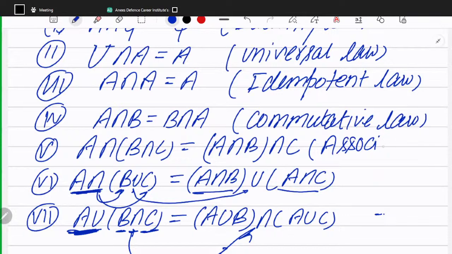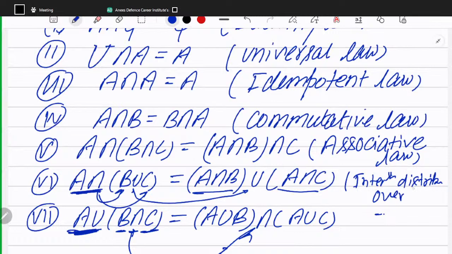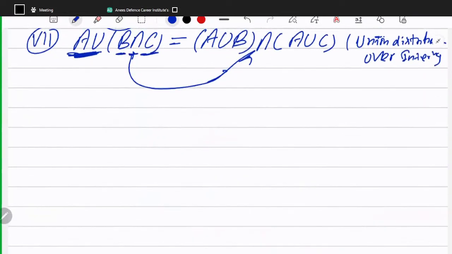Associative law. This is the intersection distributes over union. Union distributes over intersection. These are the names of the laws.